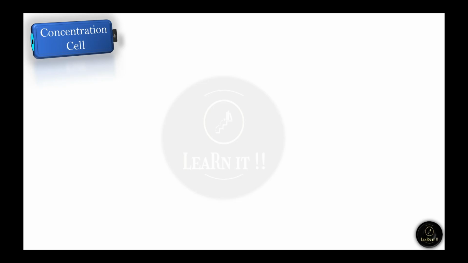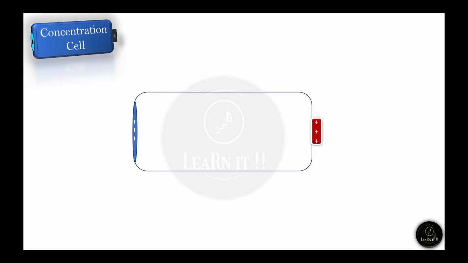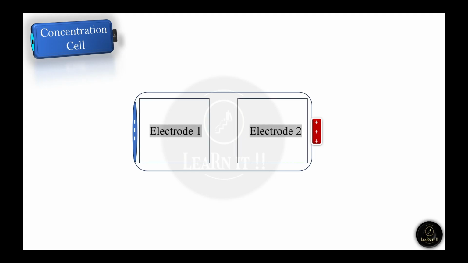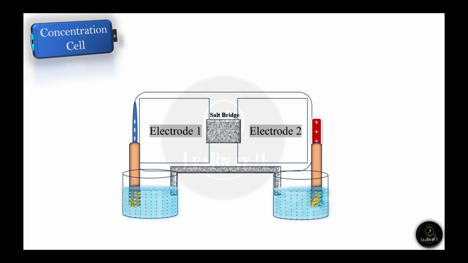A concentration cell is a galvanic cell in which both the electrodes are of the same type, but the concentration of the electrolytes in which they are dipped is different.